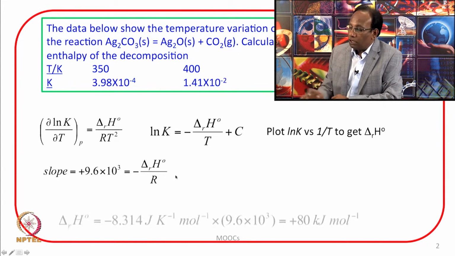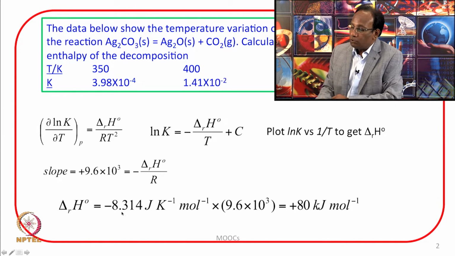And now you rearrange and substitute the value of R as 8.314 joules per Kelvin per mole. The overall value comes out to be plus 80 kilojoules per mole. The standard reaction enthalpy is coming out to be plus 80 kilojoules per mole.